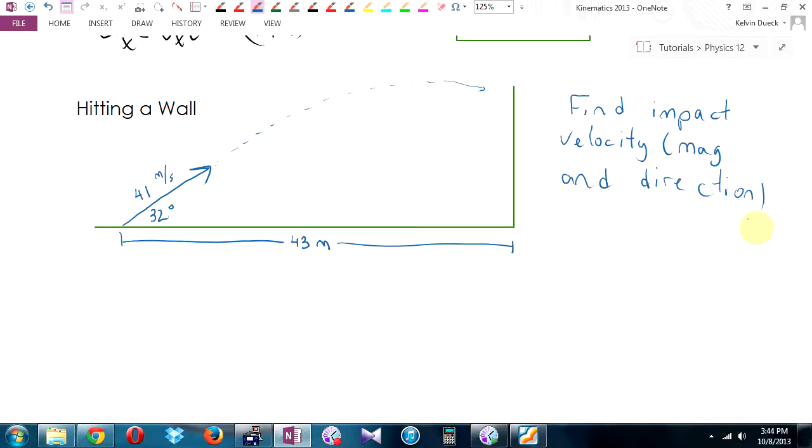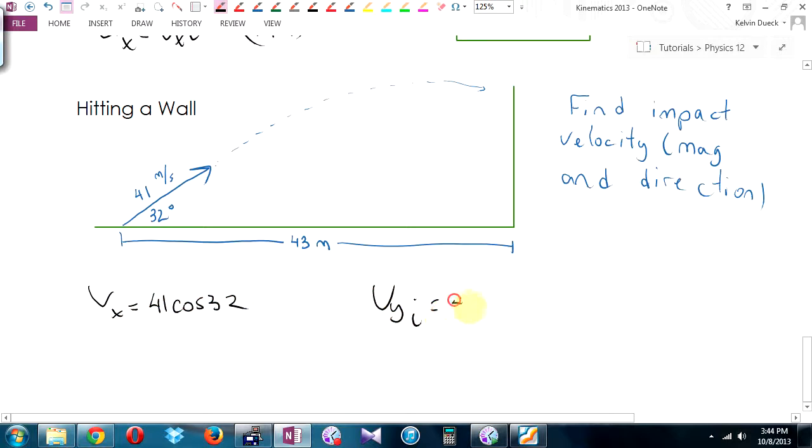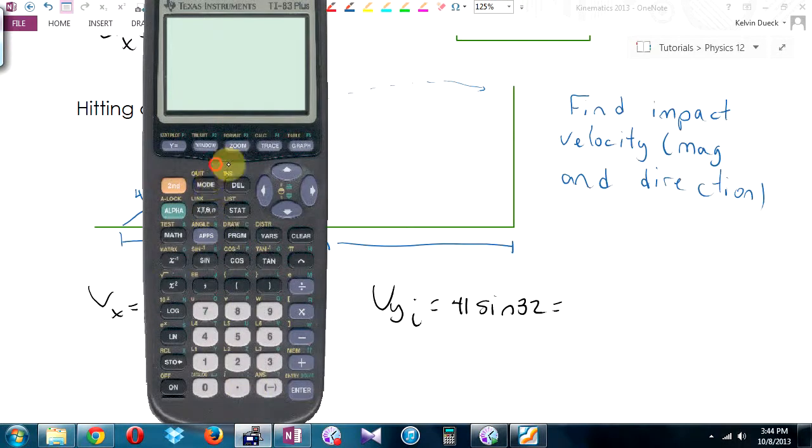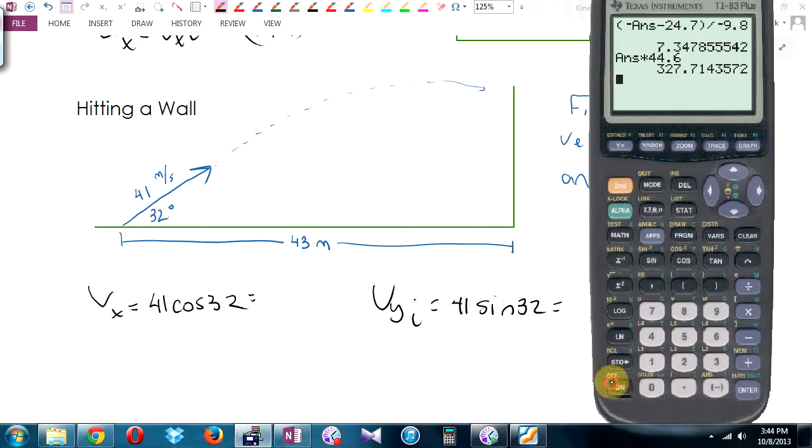Do you see an angle? Well, I'm going to go components. First thing, I would say, hey, Vx is going to be 41 cos 32. Vy initial is going to be 41 sine 32. Cos 32 is 34.77.